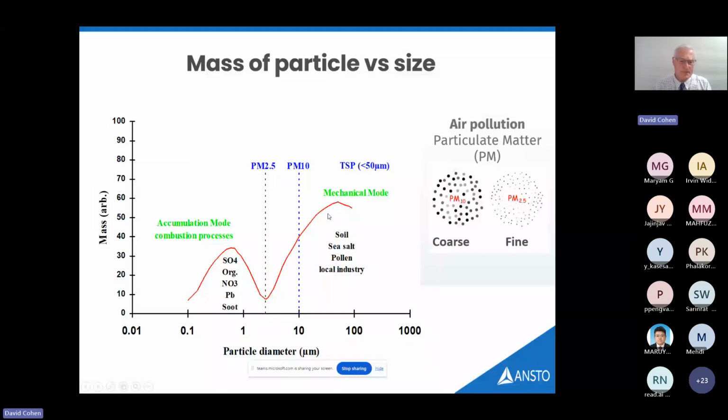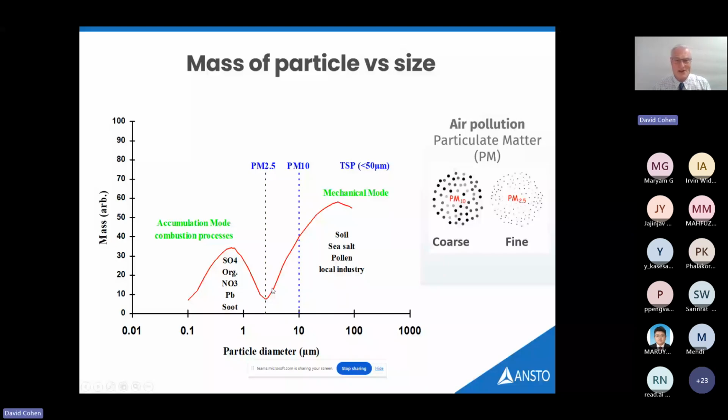This first peak from 2.5 microns down is called the accumulation mode, and it comes mainly from combustion products. You burn sulfur and coal, you get sulfur dioxide, which turns to sulfates. You get organics, you get nitrous oxides, you get lead and soot, and a whole range of industries. And that dip here is at around 2.5 microns.